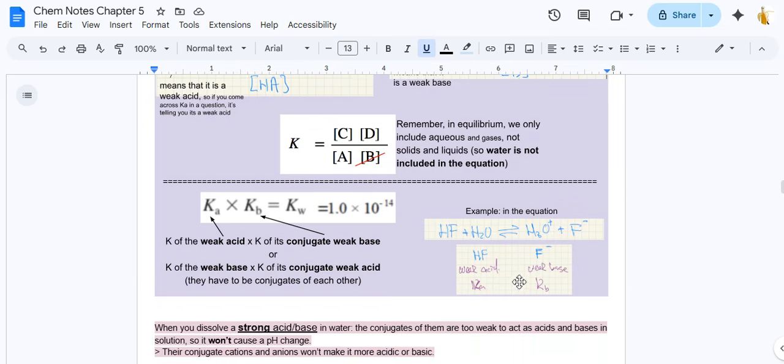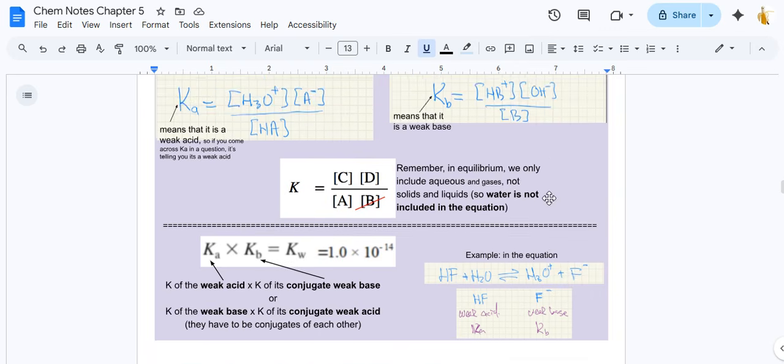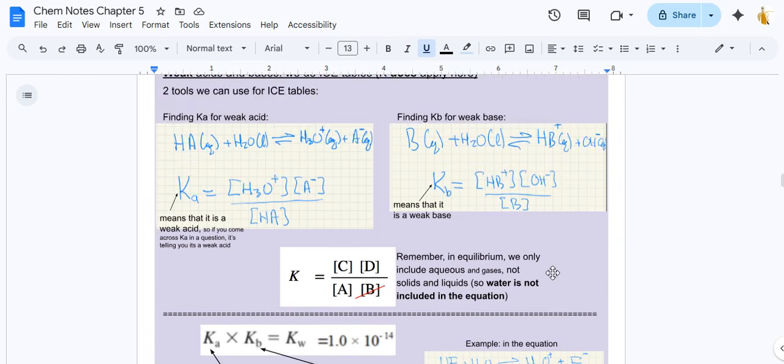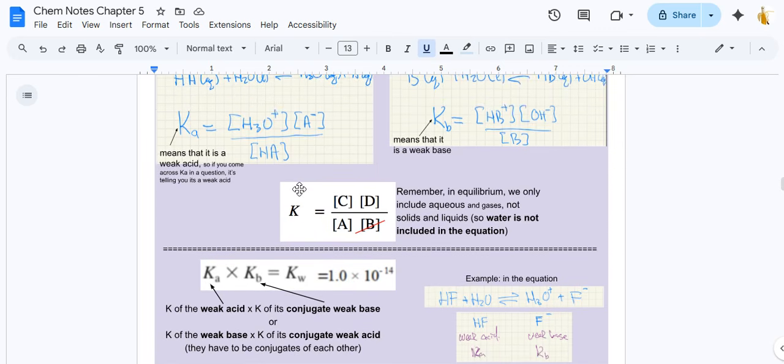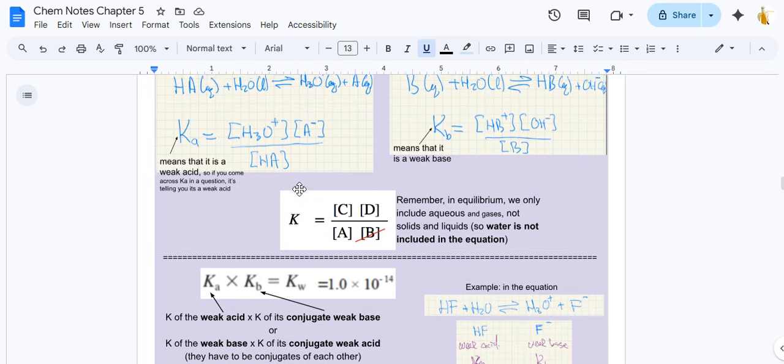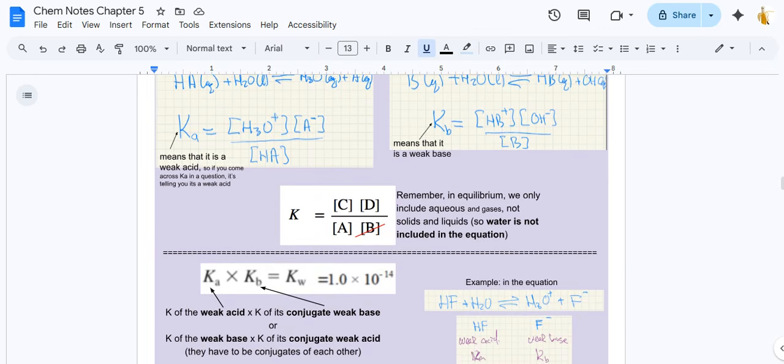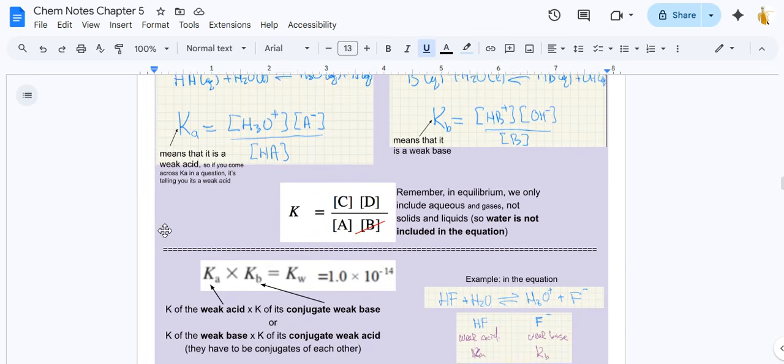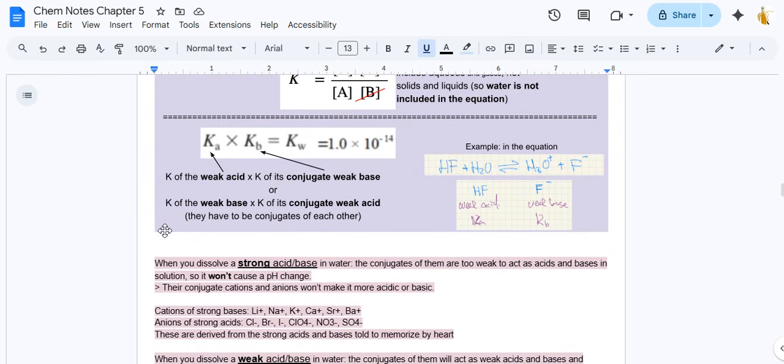For example, if HF is a weak acid, then we have to use F minus for the weak base. We can't just use another weak base. You'll see that pattern, and we'll use that pattern when we do ice tables.